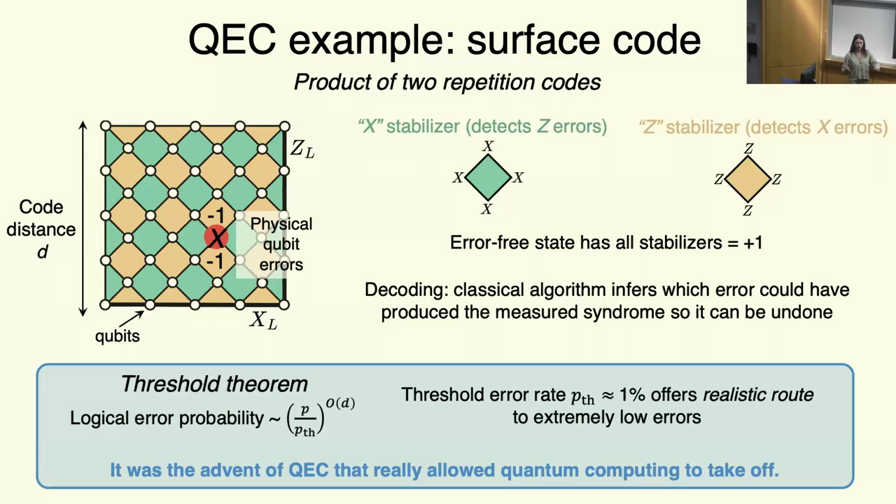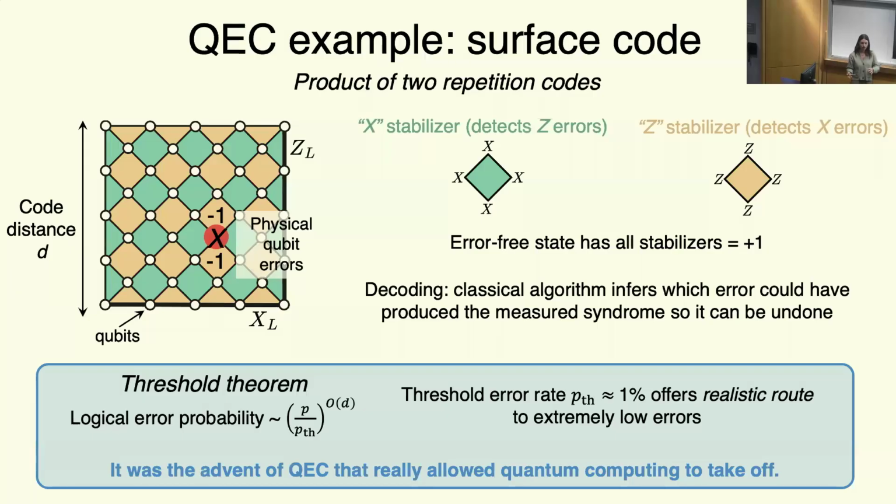Around those errors, I'll have stabilizers flip to -1 that detect it. But if I have too high an error rate, it's going to be very difficult to distinguish these errors from a logical operation itself. And so when I fix the state back to having all stabilizers +1, I could accidentally apply a logical operation instead of just flipping these stabilizers locally back to +1.